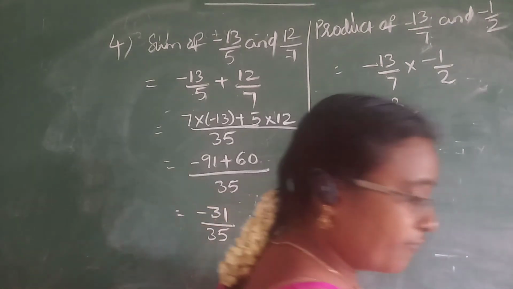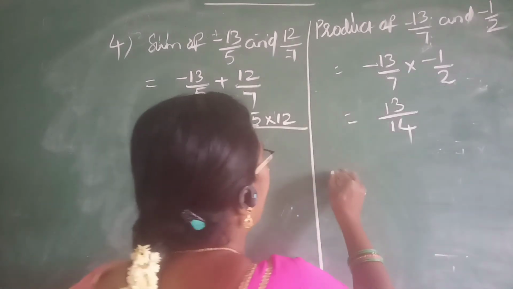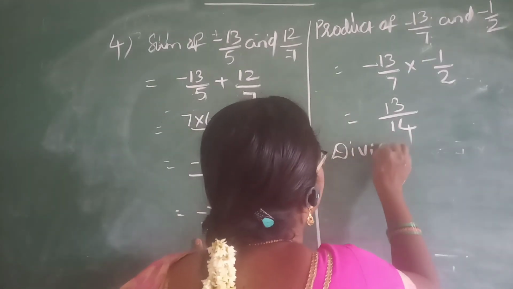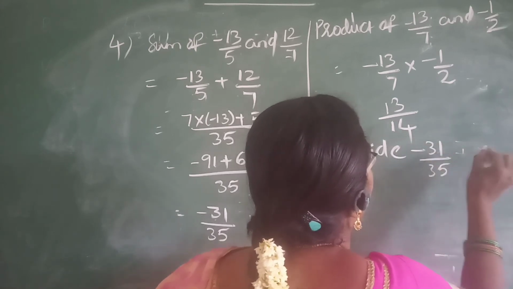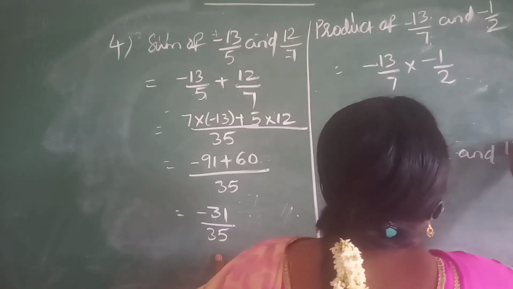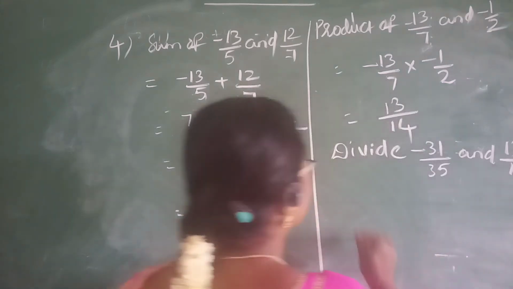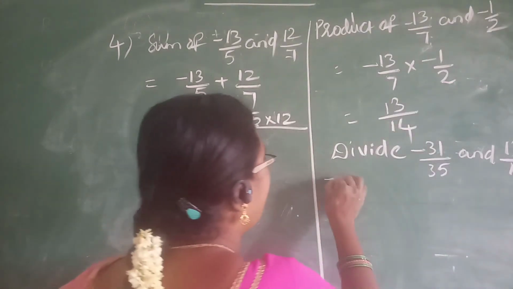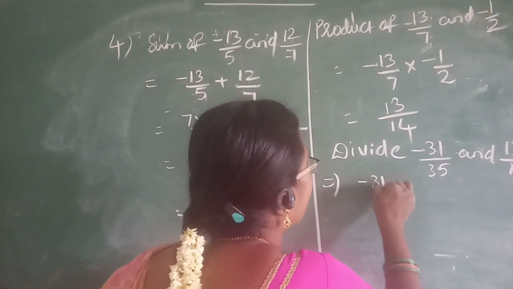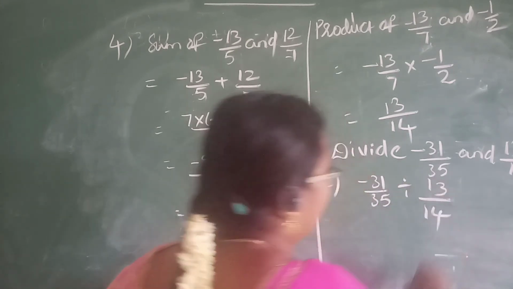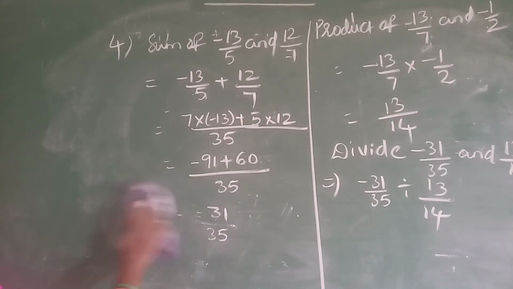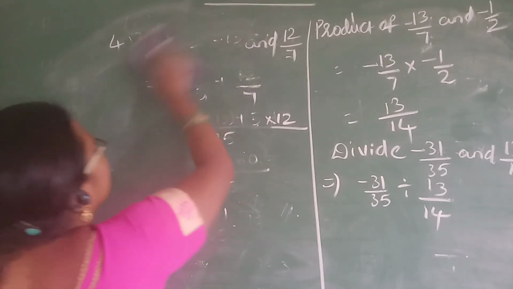So what is it saying? Divide. So you have to now divide minus 31 by 35 and 13 by 14. So it implies minus 31 by 35 divided by 13 by 14.